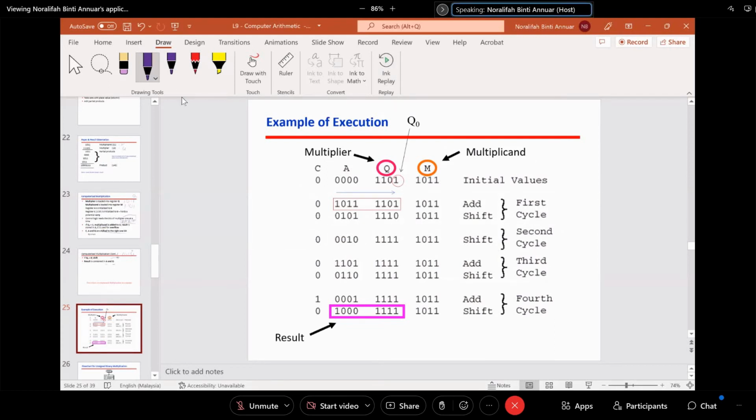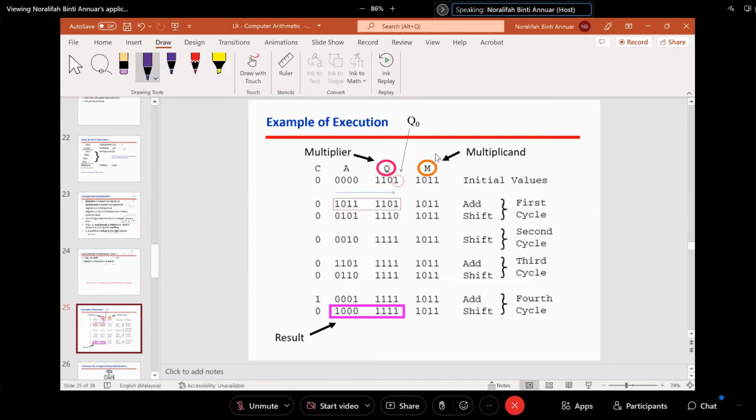If Q0 is equal to 1, the position 0, counting 1, 2, 3. So when Q0 is equal to 1, what should you do?